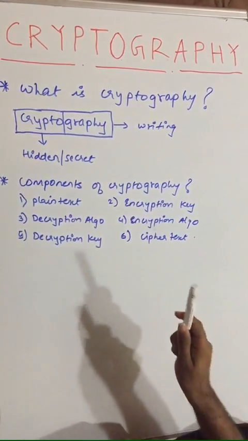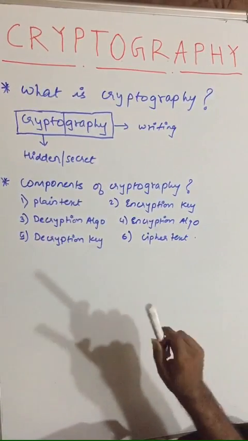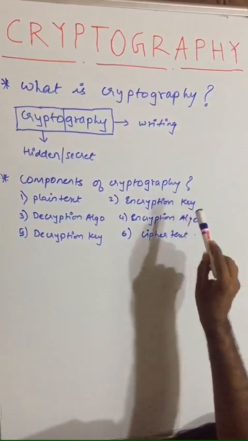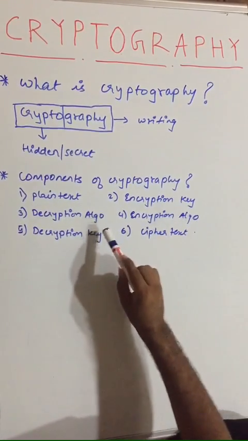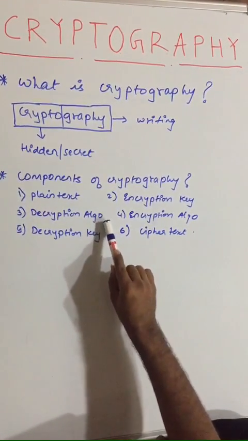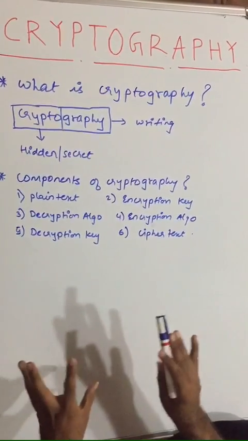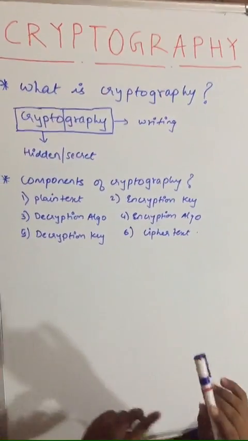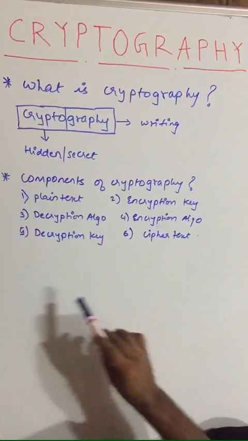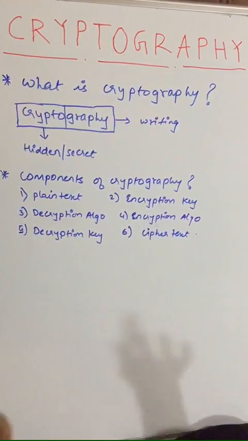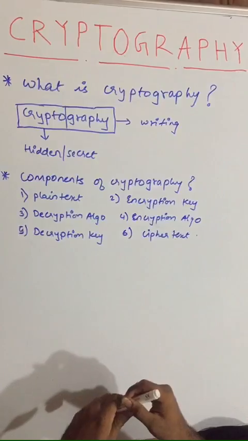So in cryptography, what is essential is plain text, encryption key, encryption algorithm, decryption key, decryption algorithm, and ciphertext. Whenever we are going to perform cryptography, these six terms will always revolve around the solving of any problem using cryptography, right?